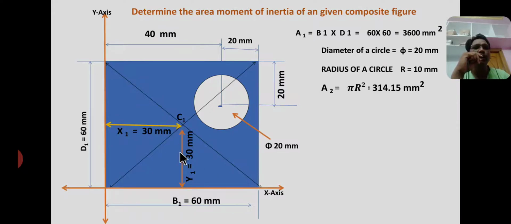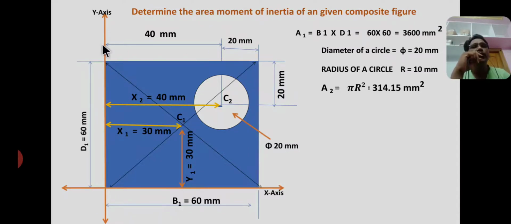So x1, y1 are the coordinates of the centroid C1. Now the center point of a circle, this point, is the centroid of the circle. C2 is the centroid of a circle at a distance x2 equal to 40 mm, already given in our question.